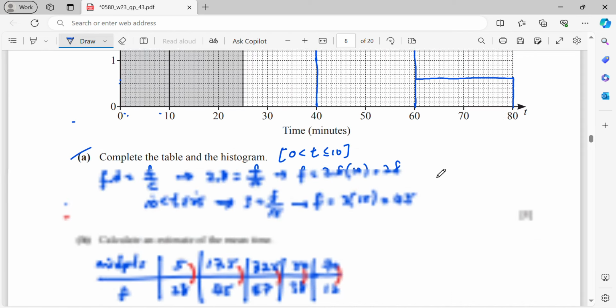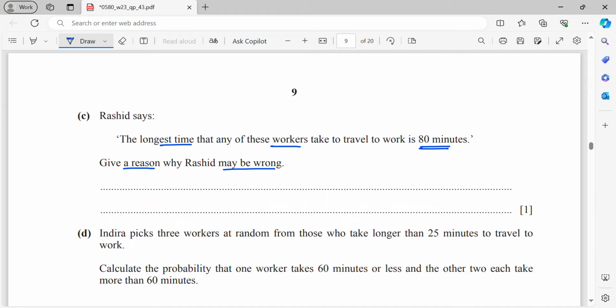That's the reason the statement given by Rashid is wrong. So you will just say exact values are not known, because you are just given the classes.